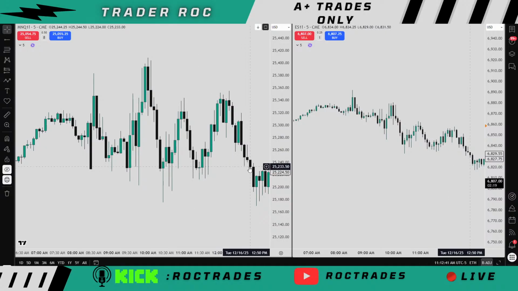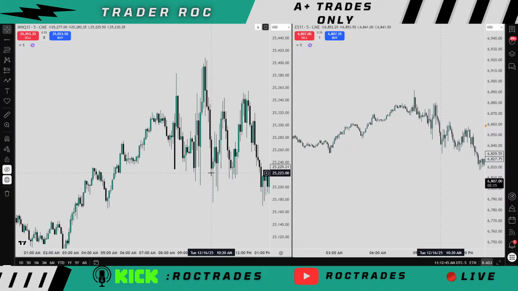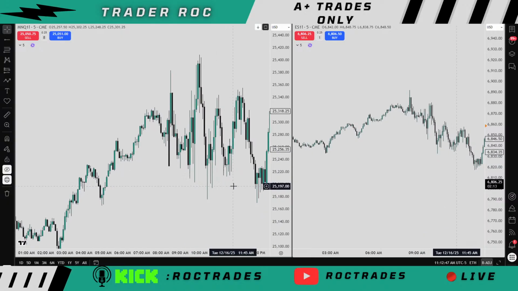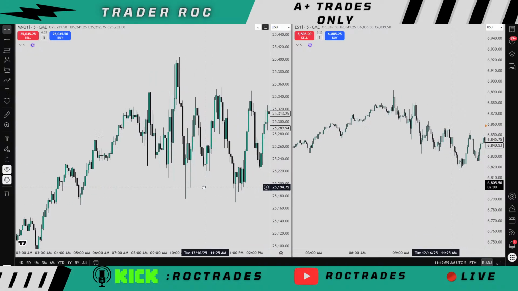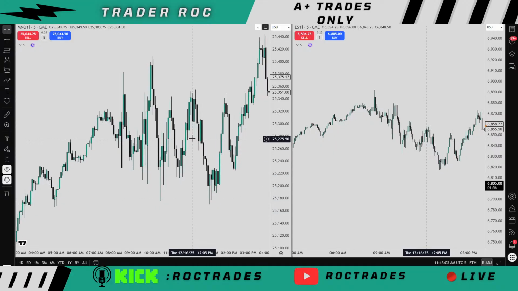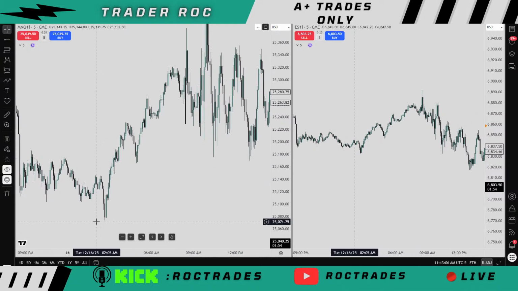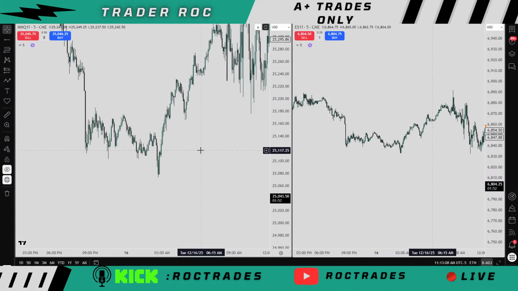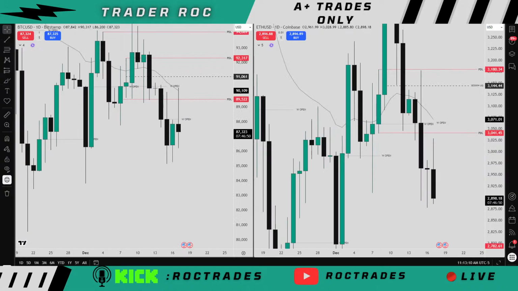But once price starts getting close to these lows down here, there's no reason to short because you don't know when price is going to find the bottom. And sure enough, price sweeps out this low. Maybe you get a quick scalp to this low, but that's not really worth it. The risk to reward was terrible if you're shorting at the lows and targeting this low. And sure enough, the bottom was right around the corner. So anyone who was trying to short and hold for maybe this low got completely obliterated.